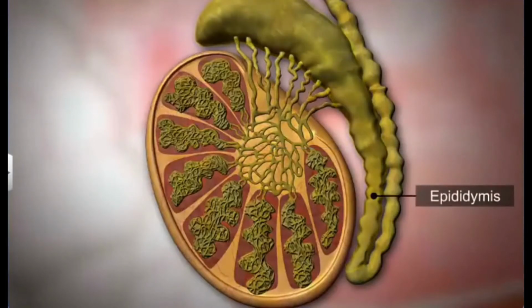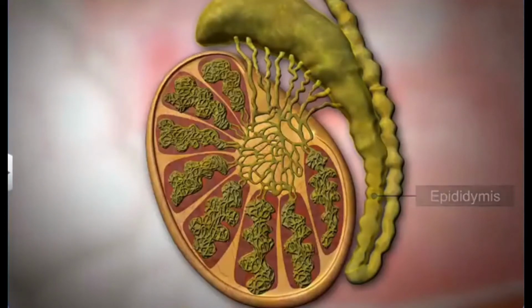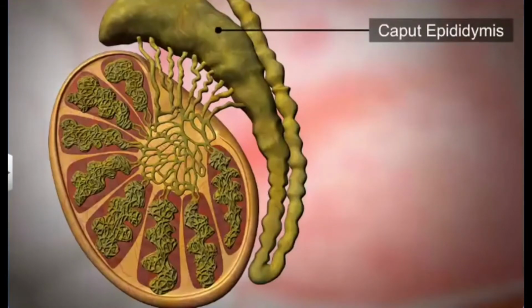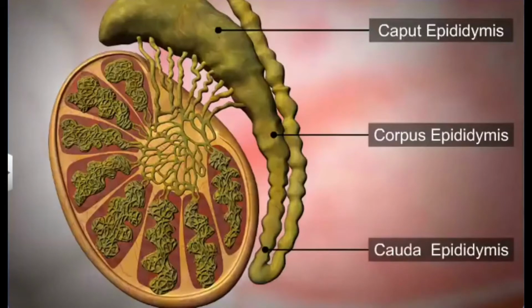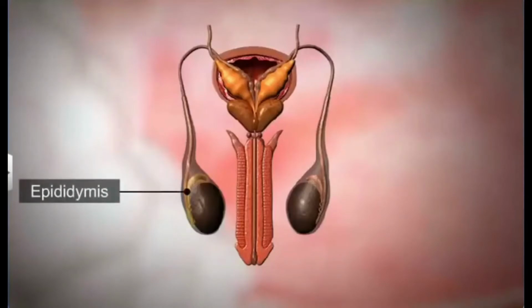The epididymis is a long, narrow, highly coiled tube present along the posterior surface of the testis. It is divided into 3 parts: anterior, caput epididymis, middle, corpus epididymis, and posterior, cauda epididymis. The epididymis stores the sperms temporarily and nourishes them.